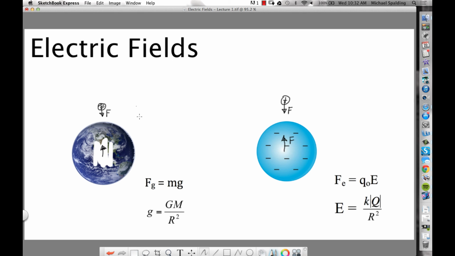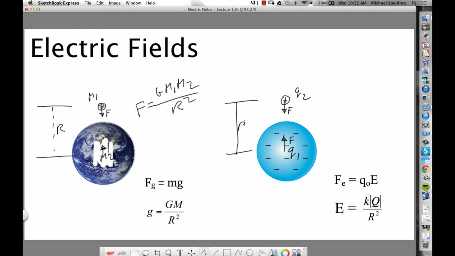What's the equation for finding force between two masses? We'll call this guy M1, we'll call the Earth M2, the distance from center to center is R. What's the equation here? Big G, M1, M2 over R squared. How about if it's two charges? We'll call this guy charge 1, the little guy charge 2.